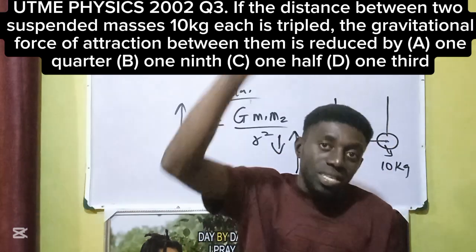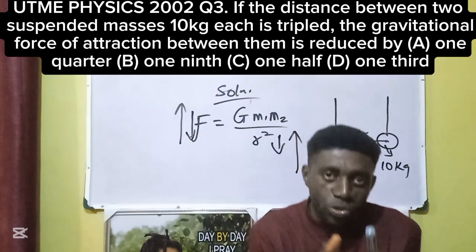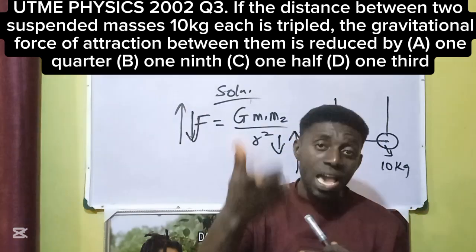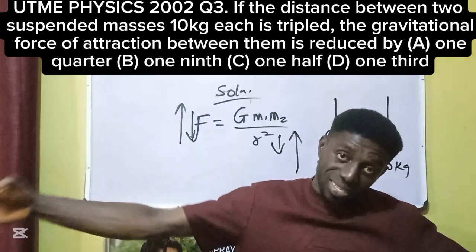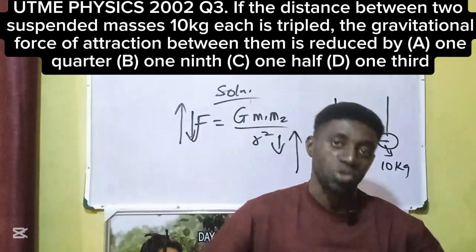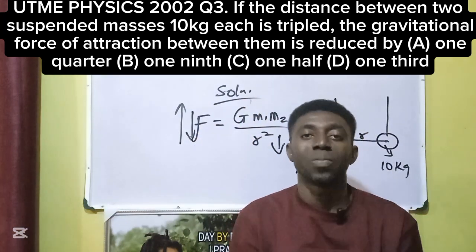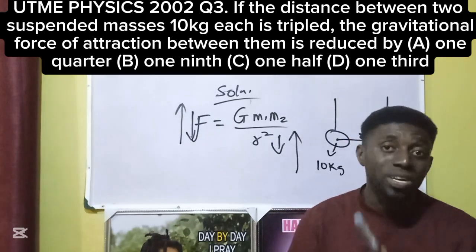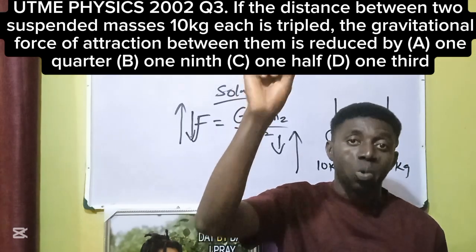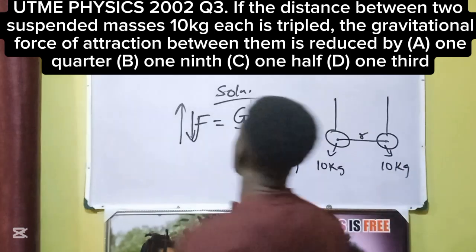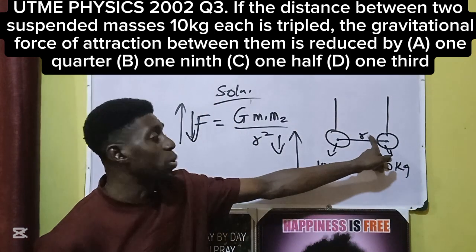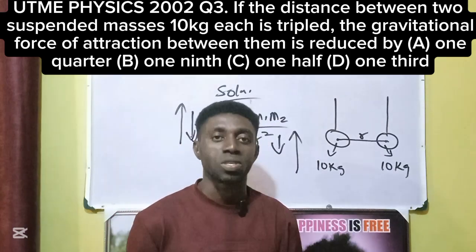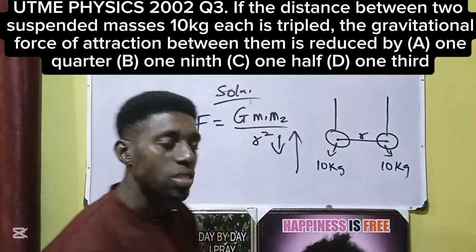As the force is increasing, the gap is reducing. Anytime the gap reduces, there will be an increase in force. However, when the gap increases, the force will reduce. The gravitational force becomes smaller. Inverse proportion. They don't go in the same direction. One is going up, whereas the other is going down. Even the question understands that when we triple this gap between the two masses, the force is meant to reduce.